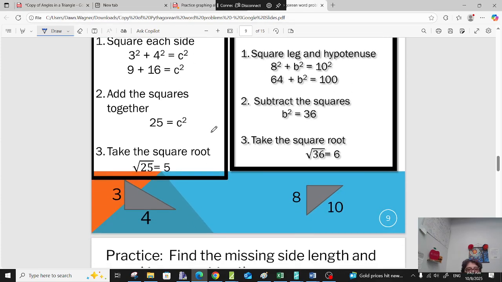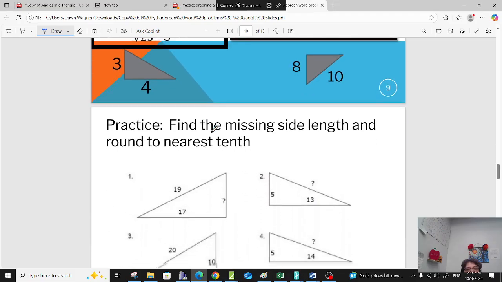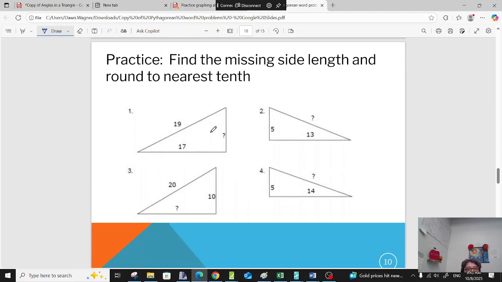That's just a summary of what we did. So here it's mixed. So we're missing either hypotenuse or we're missing a leg. Go ahead and do these, and then we will talk about word problems and the converse.